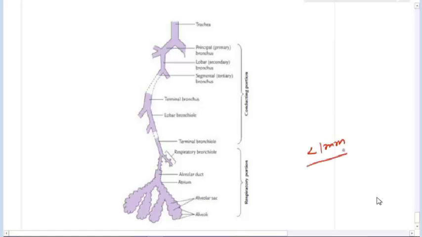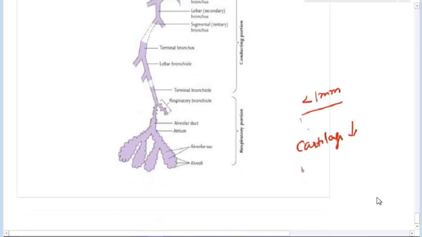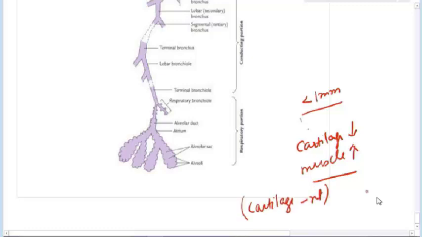The other thing is, as the diameter decreases from trachea to bronchiole, the amount of cartilage is decreasing and the amount of smooth muscle is increasing within the wall. At the level of the bronchiole, when we reach the bronchiole from the bronchus, cartilage is absent, and the wall is made up of muscle only.